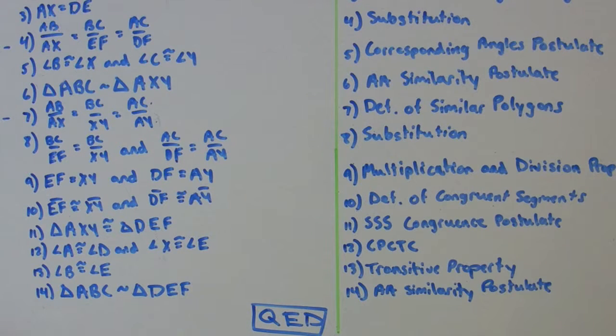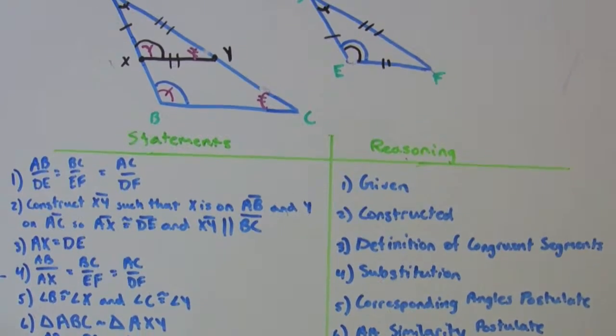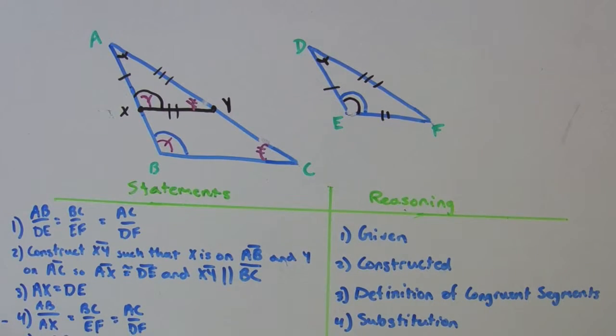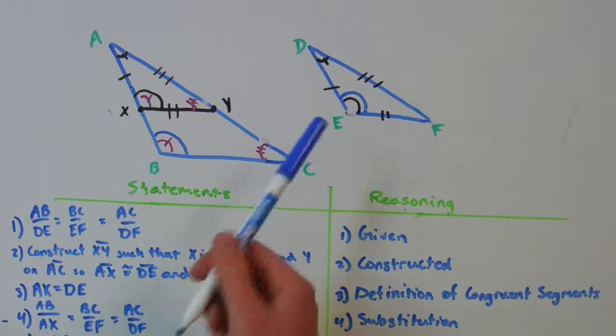And now we have proved what we set out to prove: that triangle ABC is similar to triangle DEF, given that the sides are proportional.